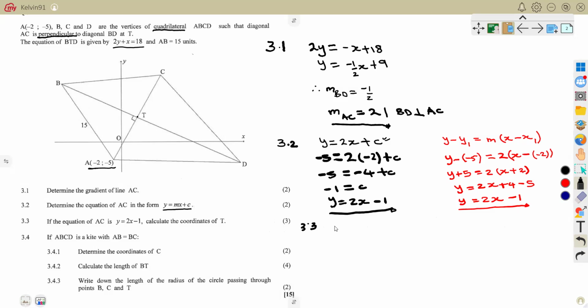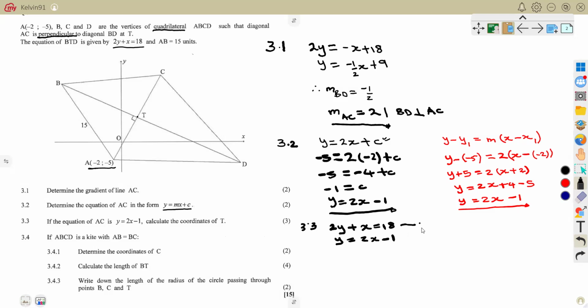The equation of the other diagonal, we are given it as 2y plus x equal to 18. Then the other diagonal, you are given it as y equal to 2x minus 1.